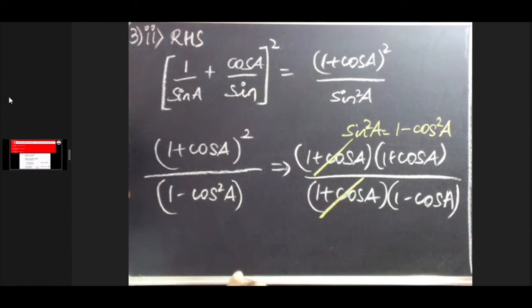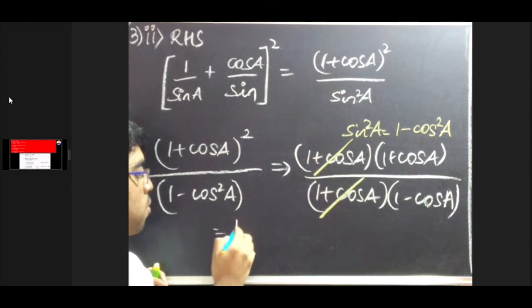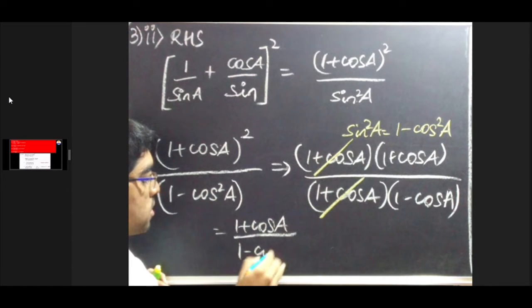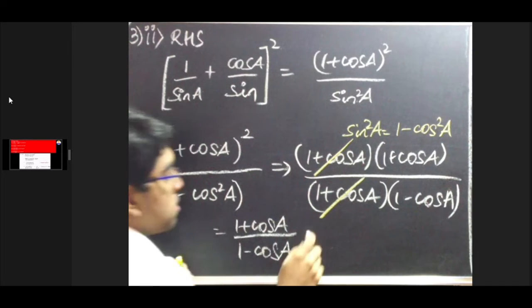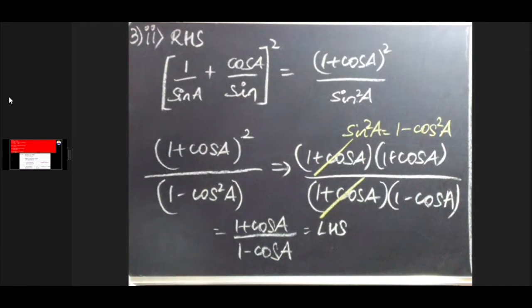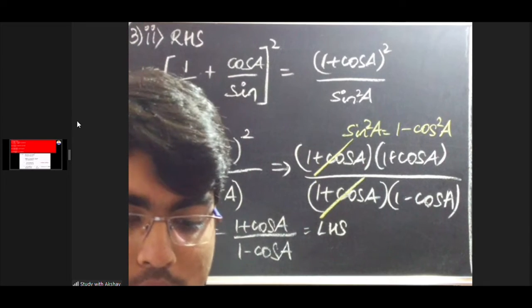Then we will be left over with 1 plus cos A divided by 1 minus cos A, which is equal to our LHS. Let me display the solution.